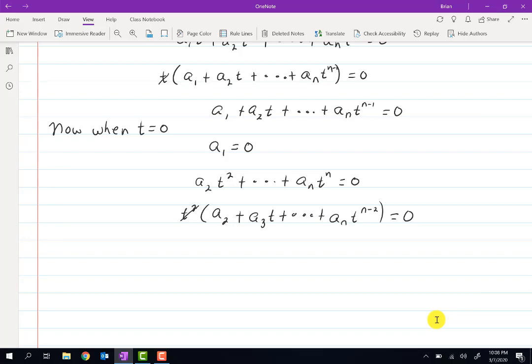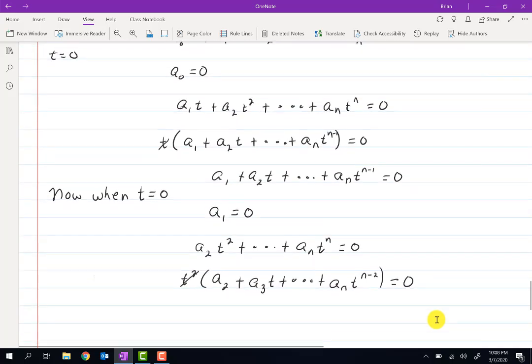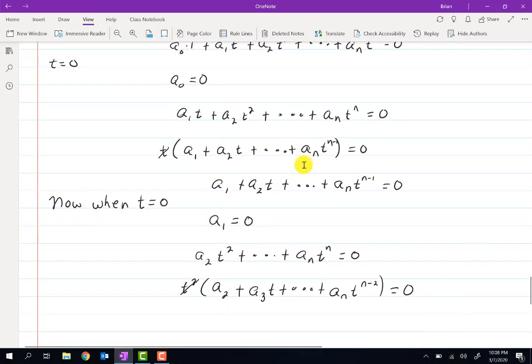Now, another way you could do it, which is very interesting as well: you can still get a0 equals 0, just like I did before. But now what you could do is take the derivative of this. You'll get an a1 all by itself, but then you'll have 2a2 plus 3a3t squared, etc., equal to 0. Then you can allow t to equal 0 in the derivative and get this same process to happen.